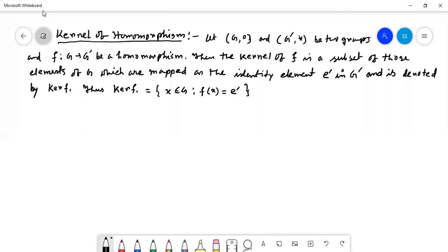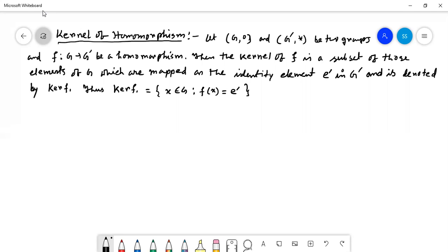The definition is understood by everybody. So kernel of homomorphism is a set. It is nothing but a set, which is a subset of G obviously. So in this set, which elements will be coming here?